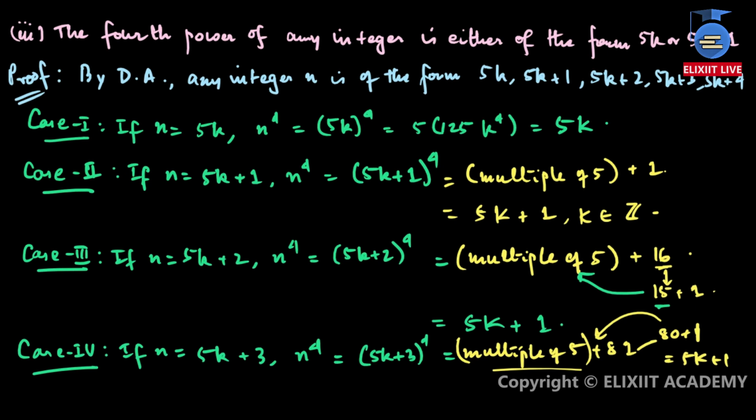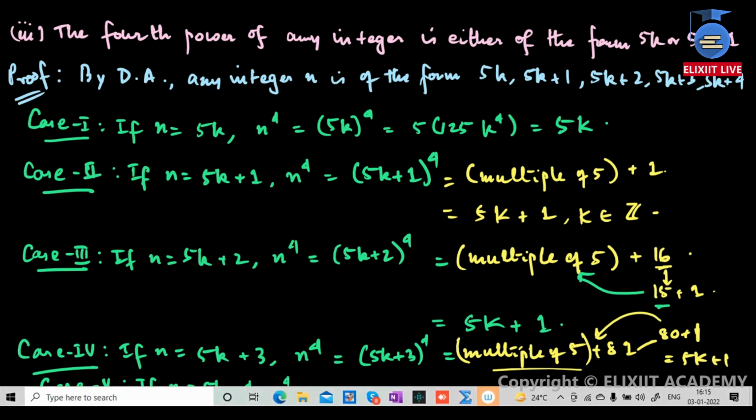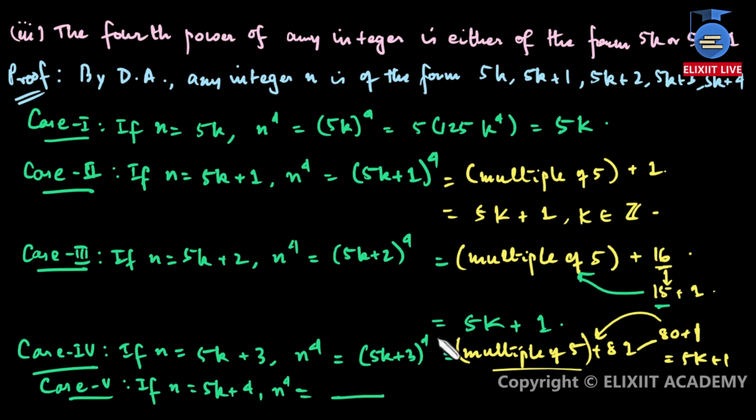Now you all can verify for 5k plus 4. Case 5. You all verify for 5k plus 4, n to the power 4, and verify this. Same logic. You will get this as a multiple.